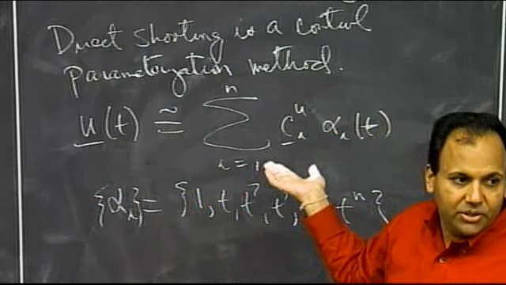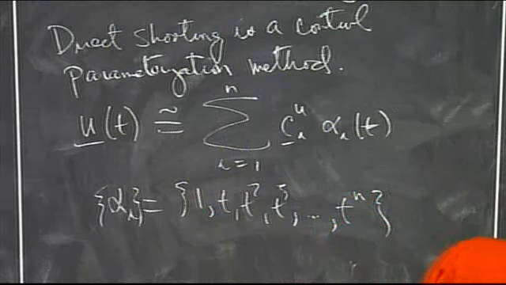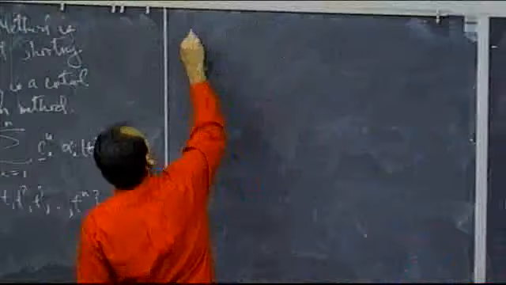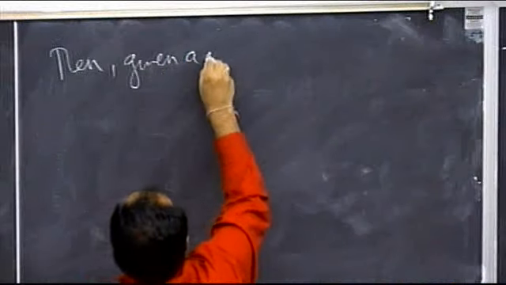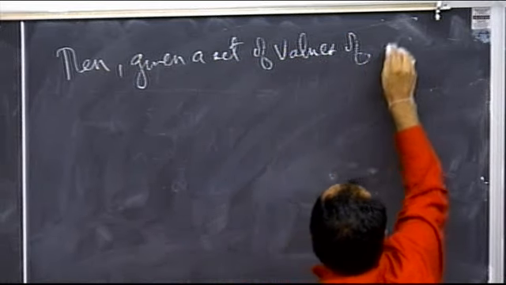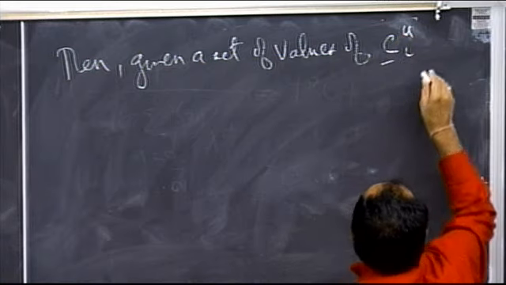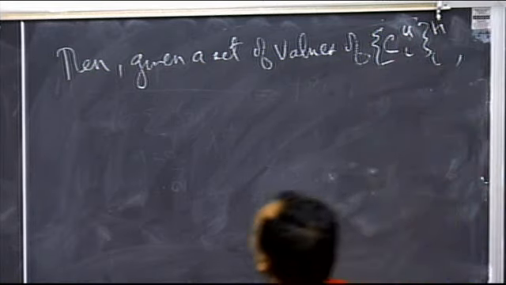But if I just gave you a bunch of these numbers, you'd know what this function is. So then you say, given a set of values of c_i^u, for i going from 1 to n, we can do the following.